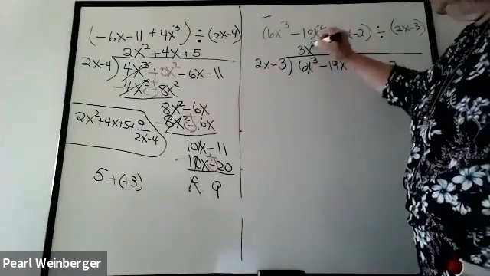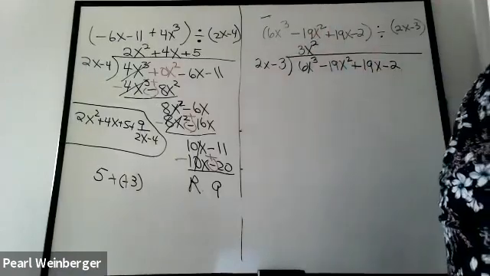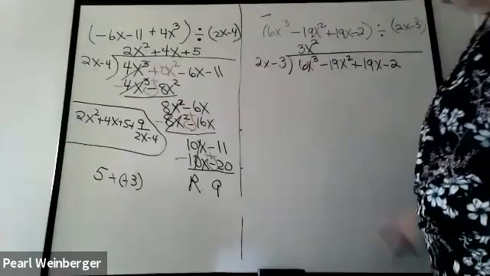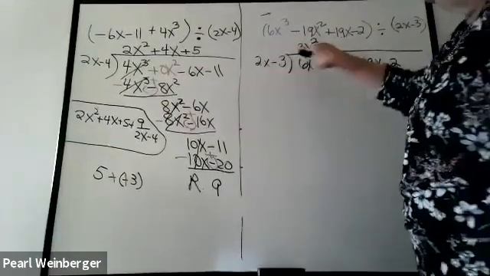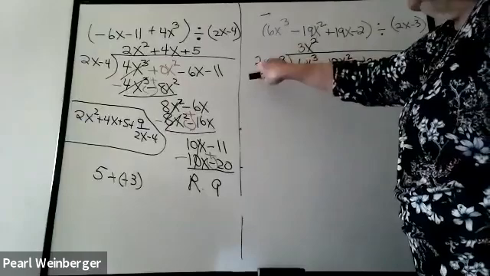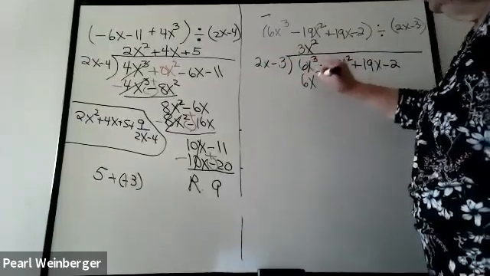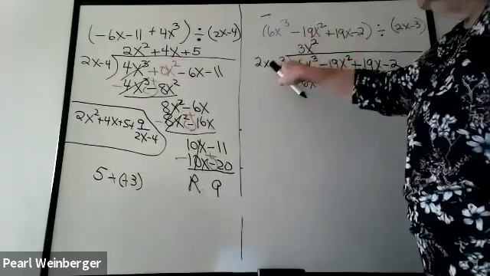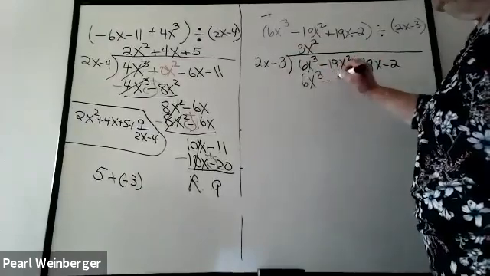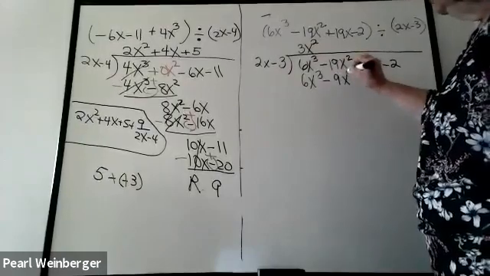Remember, we're subtracting exponents. I take what I put on top and I multiply by the whole divisor. So 3x squared times 2x is 6x to the third. 3x squared times negative 3 is minus 9x squared.